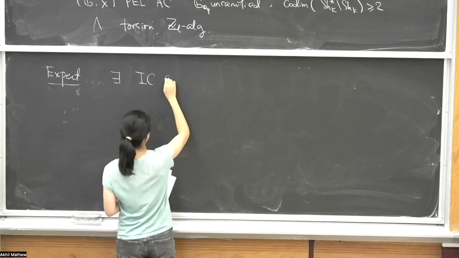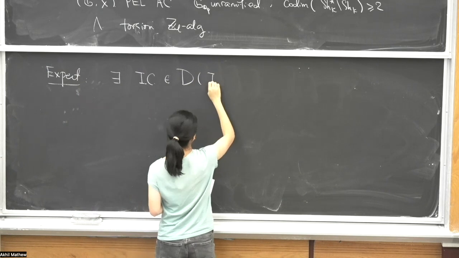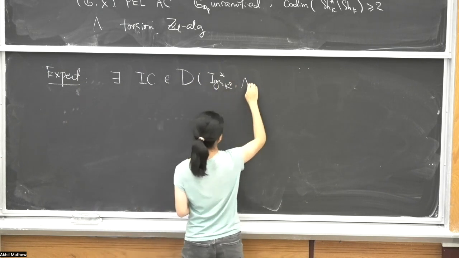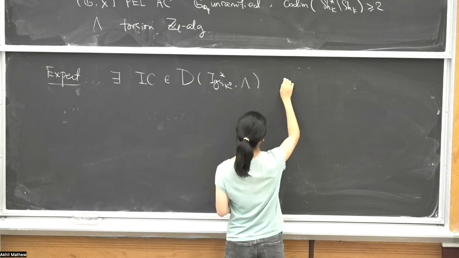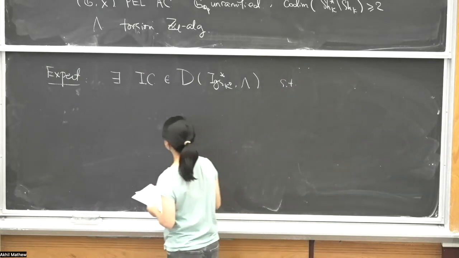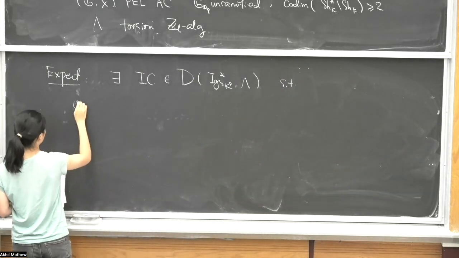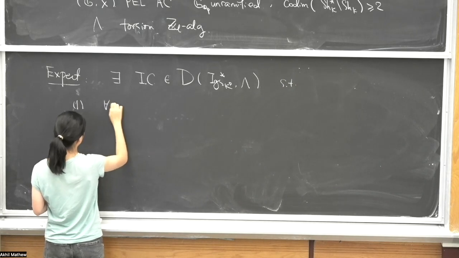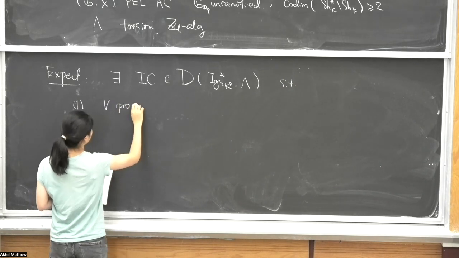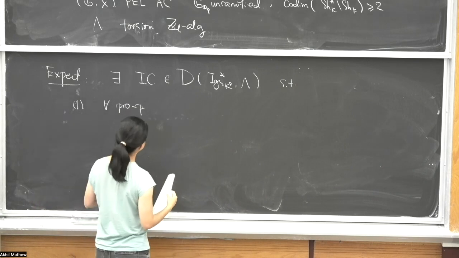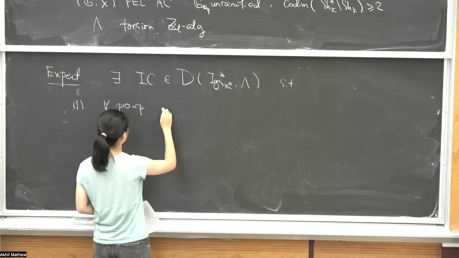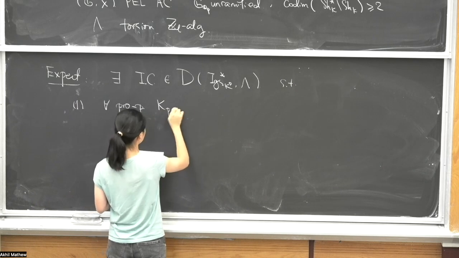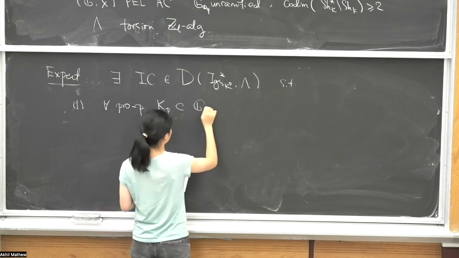an IC complex in the derived category of sheaves on this minimally compactified Igusa stack, with the property that, first of all, it recovers the IC complex, the intersection complex on finite level Shimura varieties, in the following sense.